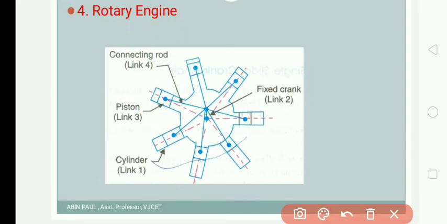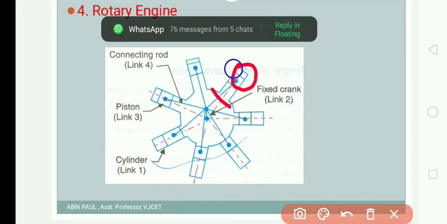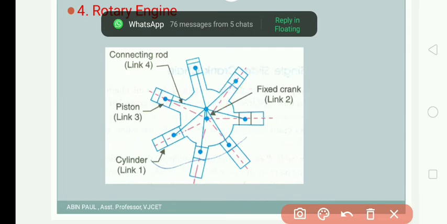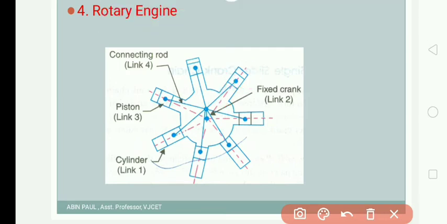Here you can see the crank is fixed at a point, and the cylinders rotate with respect to that fixed point. The crank is connected to the connecting rod, and the connecting rod is connected to the piston. Here you can see 6 pistons and 6 connecting rods, connected to the fixed crank at the center, and they rotate with respect to that fixed center.